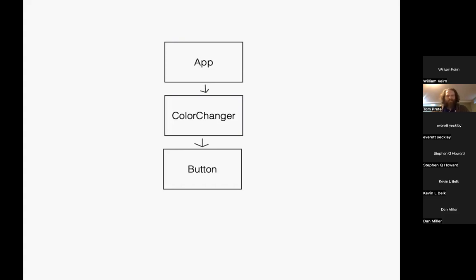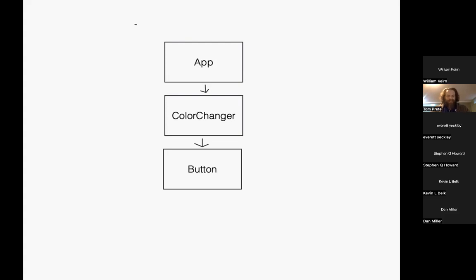Can I save this thing? Oh man, that's rough. I have to build it every time. All right, so be it. So here's the structure of our app now. We have app, color changer, button.